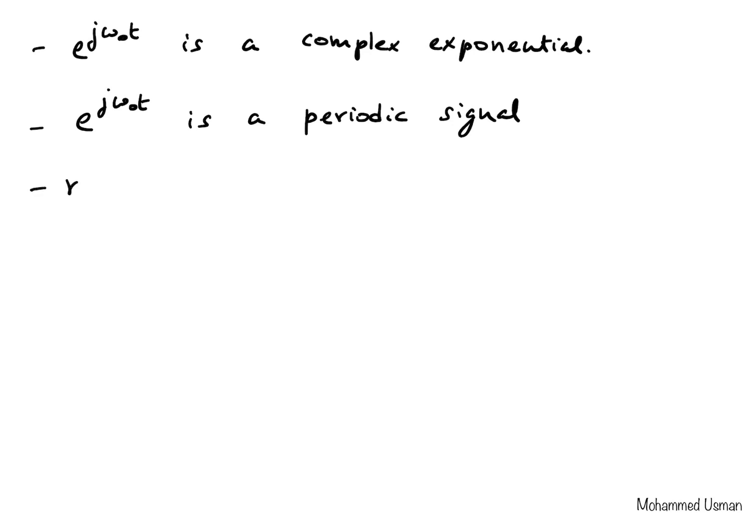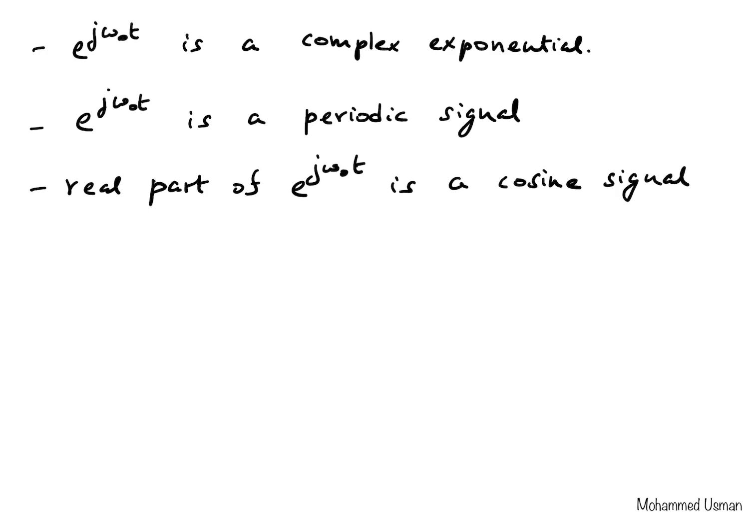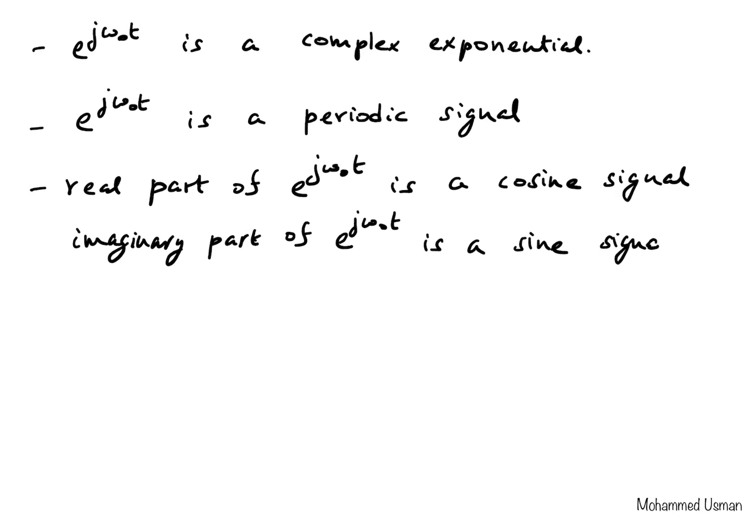So, real part of e power j omega naught t is a cosine waveform or cosine signal, and imaginary part of e power j omega naught t is a sine signal.